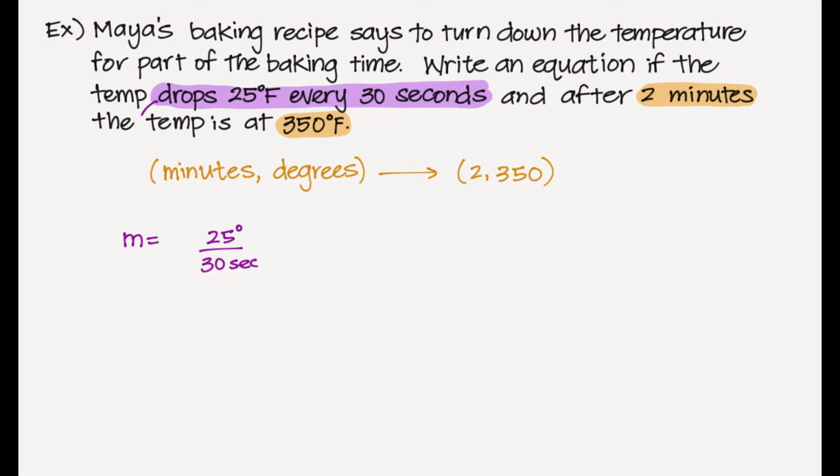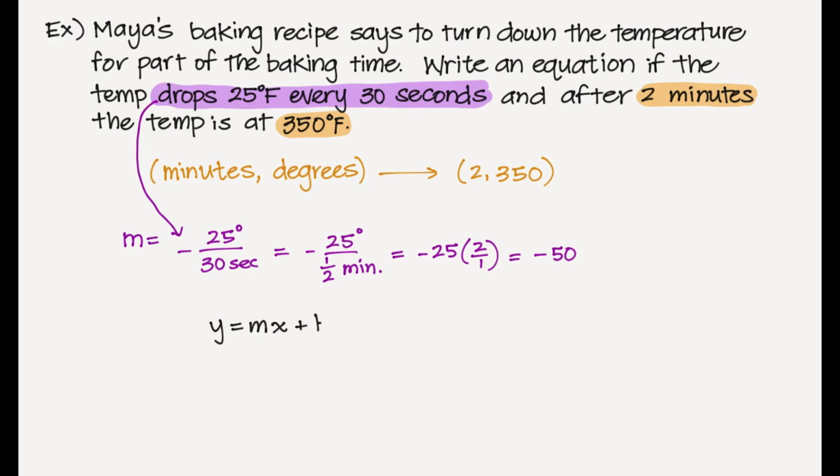It is dropping, so that means negative 25 degrees every 30 seconds. But I want to represent this in degrees compared to minutes, so that's the same as 1/2 a minute. And if I'm going to turn this into just an integer, negative 25 times the reciprocal 2/1 is equal to negative 50. So that is my slope.